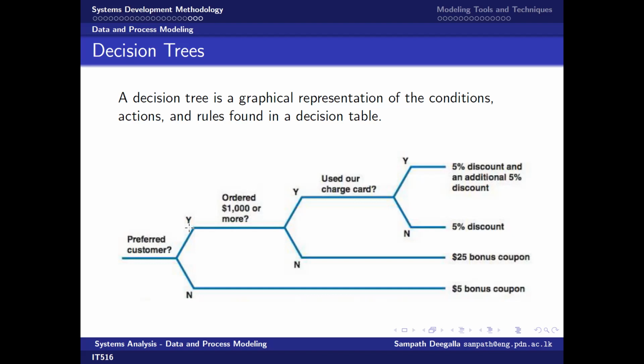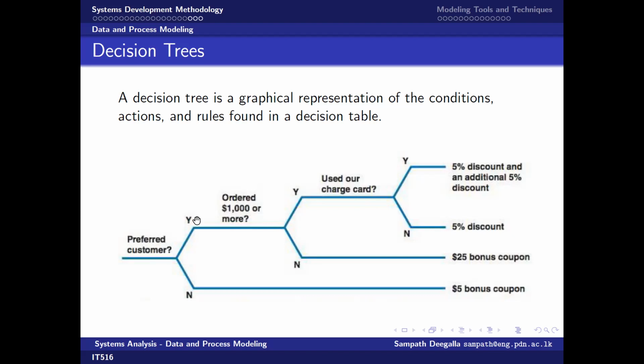And if the order is more than 1,000, right? And then they have used our charge card, then we are getting 5% discount and the additional 5%. If they have ordered 1,000 or more but they have not used the charge card, it will be 5%.